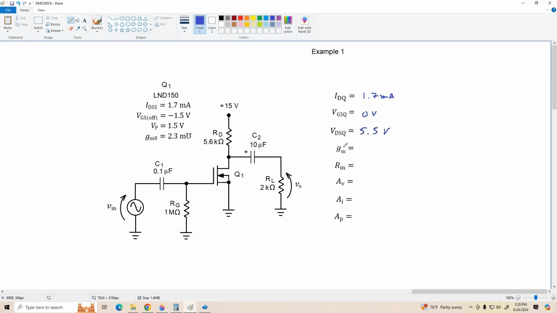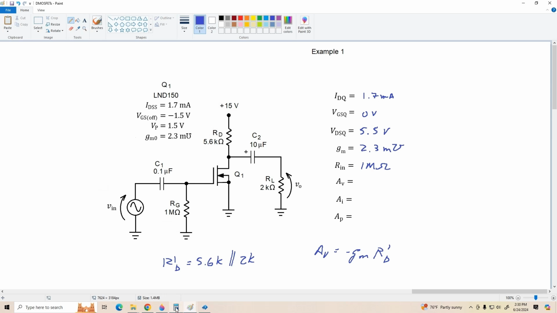Our transconductance is GMO, so that's 2.3 millimhos. The input resistance is the gate resistance, 1 megohm. And the voltage gain, AV equals negative GM times R prime D. R prime D is 5.6K in parallel with 2K.